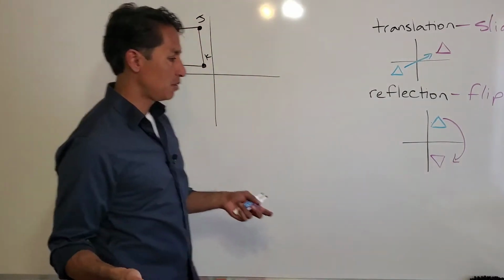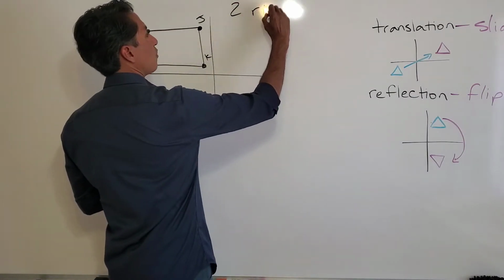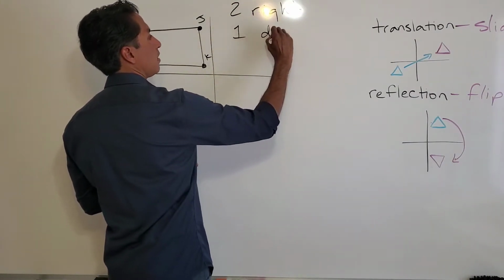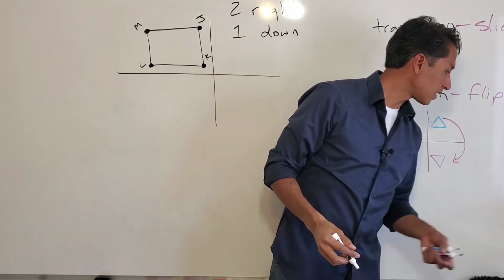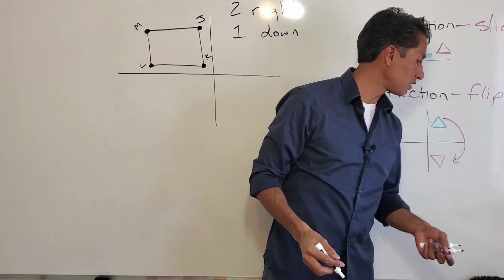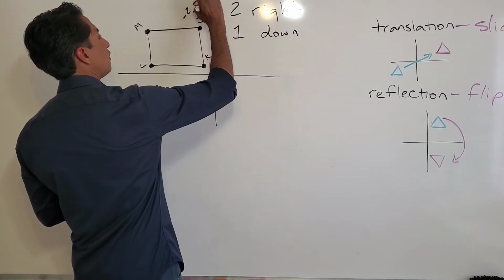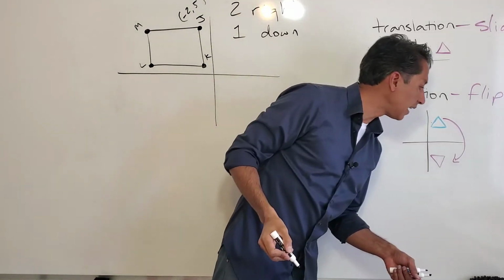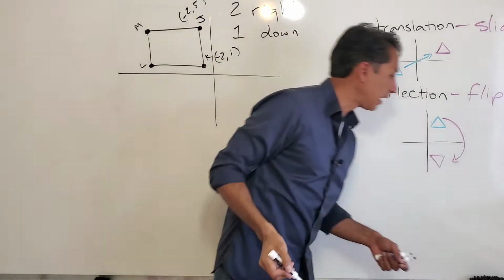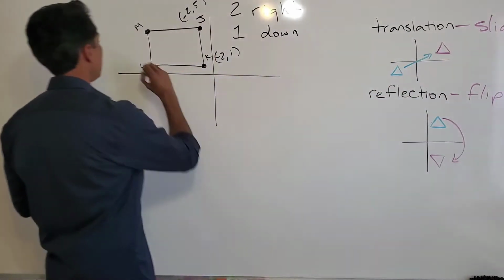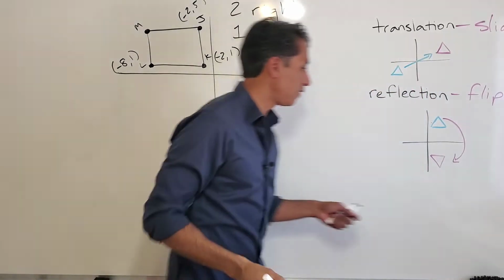So let me write that down: 2 right and 1 down, okay? Then it looks like that's all they gave you. Oh, they gave you some ordered pairs. J was -2, 5, and K is -2, 1, and L is -8, 1, and M is -8, 5.